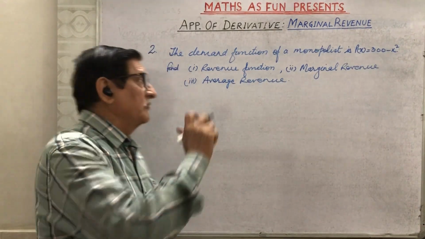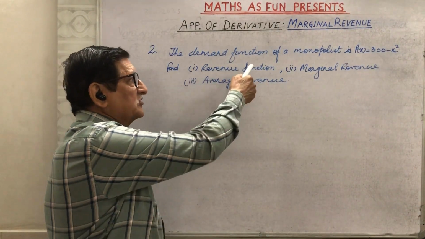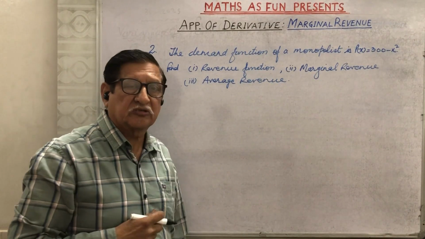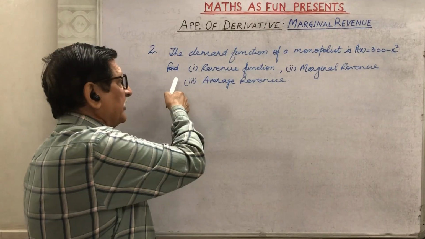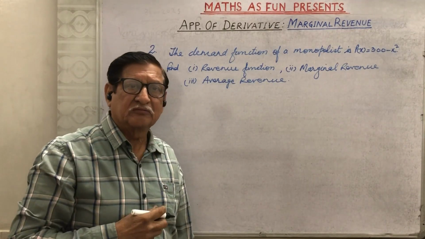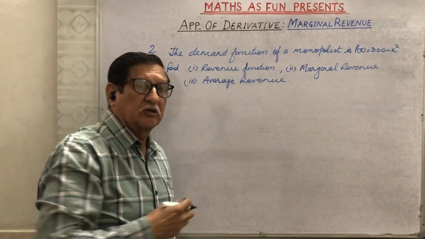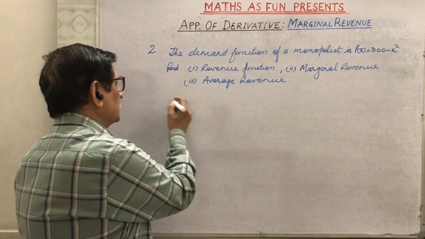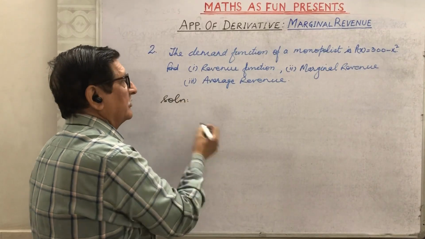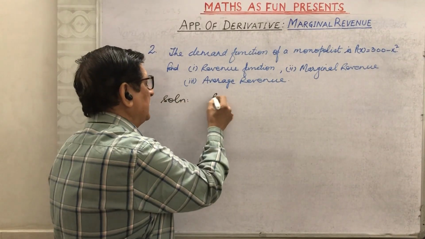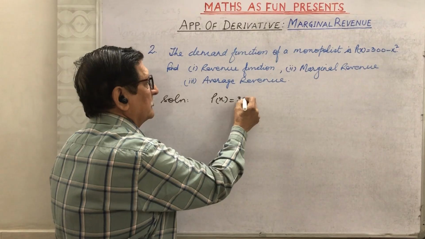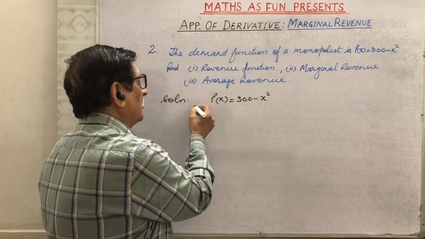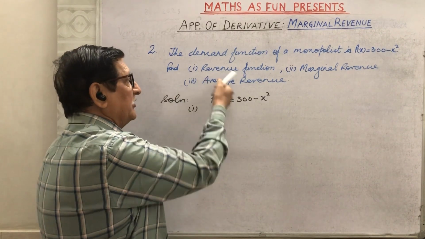The next example: the demand function of a monopolist is p(x) = 300 - x^2. We have to find, number 1, the revenue function, number 2, the marginal revenue, and number 3, the average revenue. For the solution, the demand function p(x) is given as 300 - x^2.